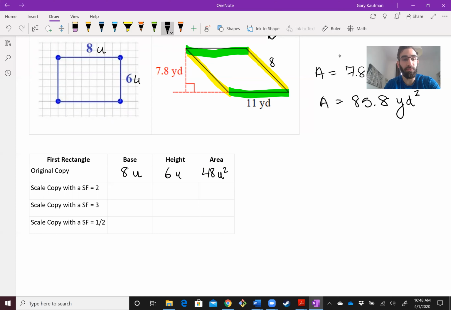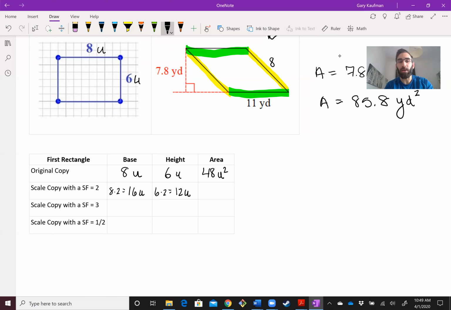Now I'm going to help with the first row. So I'm told that the scale copy has a SF, a scale factor, of 2. So that means each measurement is multiplied by 2. 8 times 2, so I have 16 units. 6 times 2 equals 12 units.